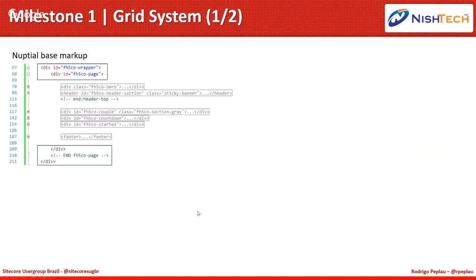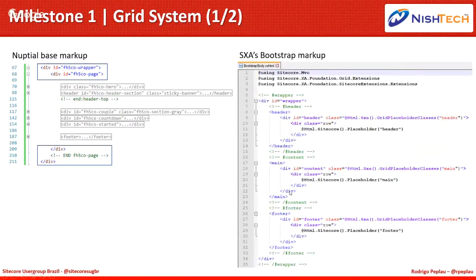Okay. We started here doing the grid system because we are incapable of using the out-of-the-box grid system that Bootstrap SXA brings you. So we need to create a grid system. This is one of the good things of SXA. It has that flexibility to create things like this grid system, because as you can see right here, you see the SXA Bootstrap markup, which is quite different from what we have.